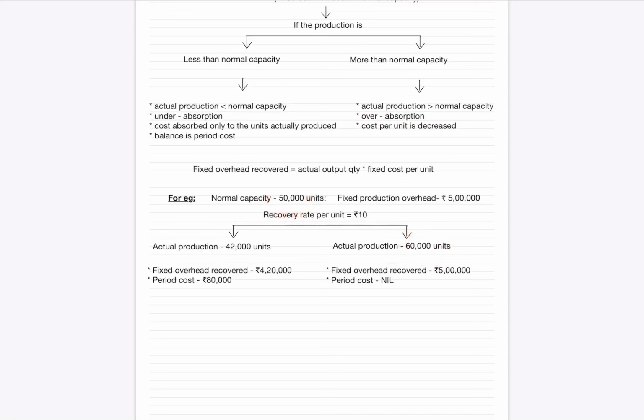If the above formula is applied, actual output quantity into fixed cost per unit, the amount comes to 6 lakhs rupees, but the actual fixed cost is only rupees 5 lakhs. So it should not be more than 5 lakhs.